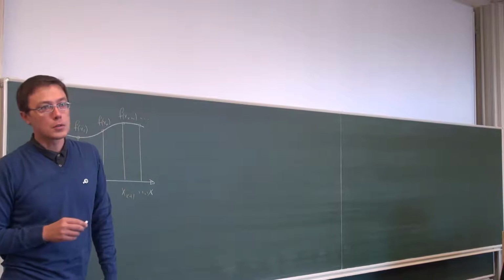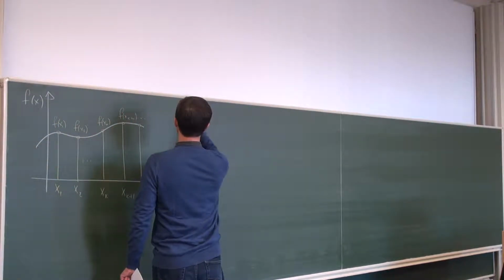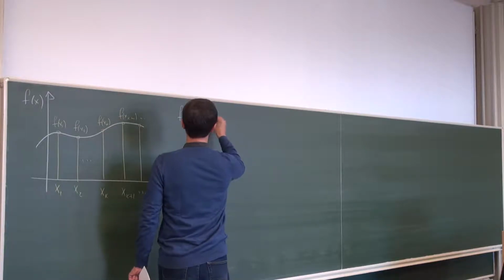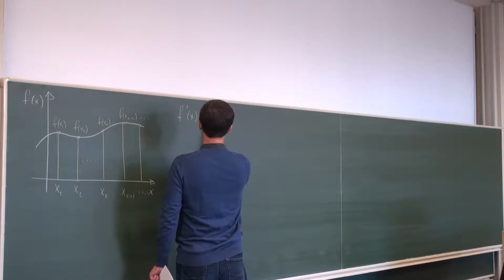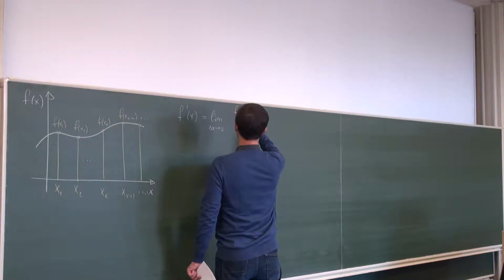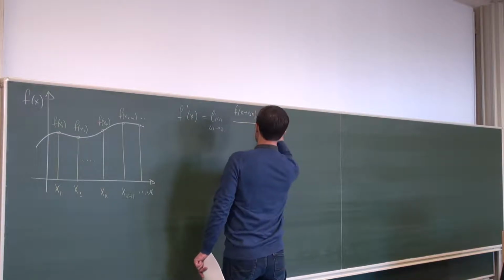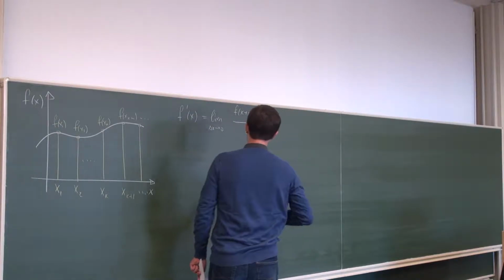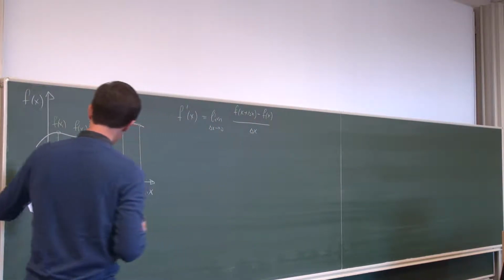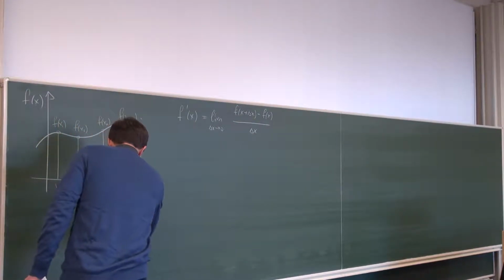Well, we can of course differentiate it approximately. We can say, all right, let's remember the definition of the derivative. It was the limit delta x going to 0 of f of x plus delta x minus f of x, divided by delta x. Well, let us say that the stepping of this grid that we have here will be our delta x.